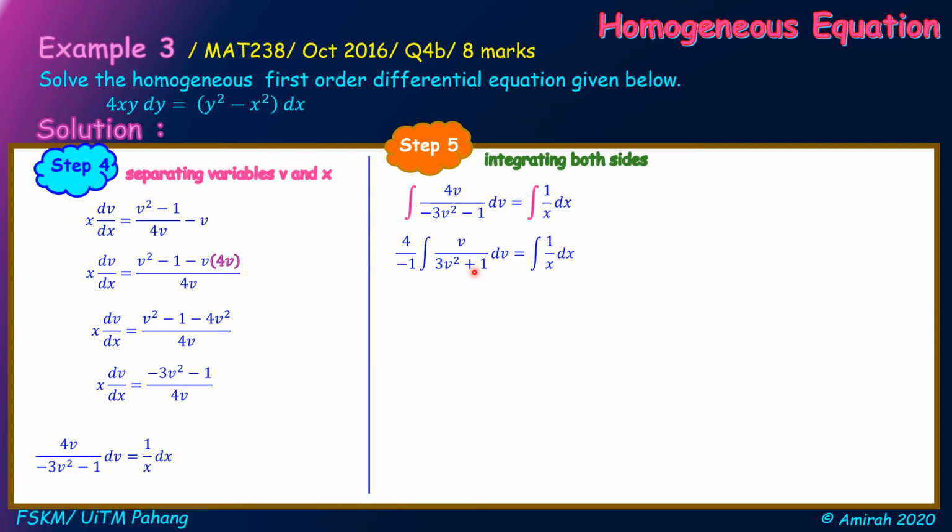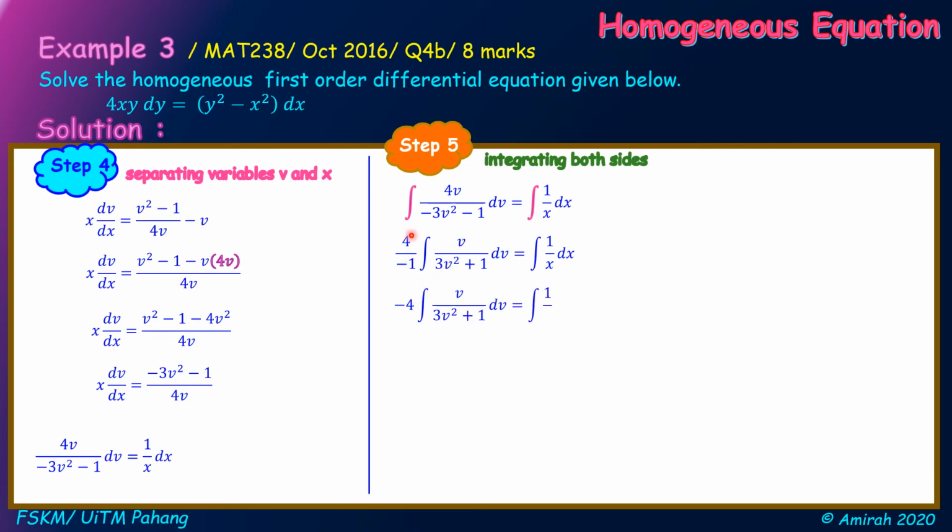If you want to check whether we factorized correctly, we can try to expand. So we have 4 times v equals positive 4, and we multiply negative 1 times 3v squared, we get back negative 3v squared. We multiply negative 1 by positive 1, we get back negative 1 here.